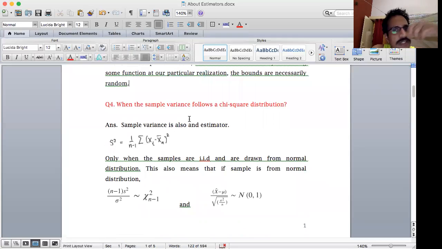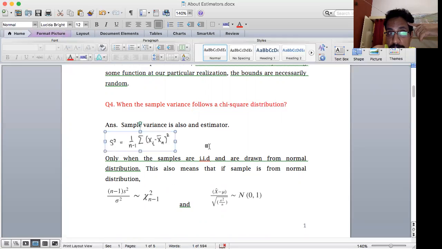So the sample variance follows a chi-square distribution. This is your sample variance, the square of the sample standard deviation s, which is 1 over n minus 1 times the sum of (xi minus x bar) squared, only when the samples are independent and identically distributed and are drawn from a normal distribution.